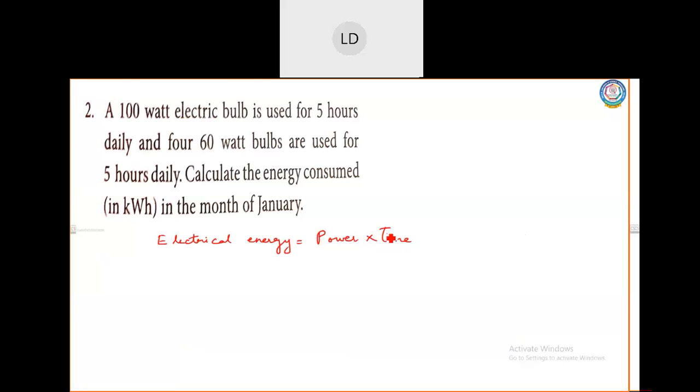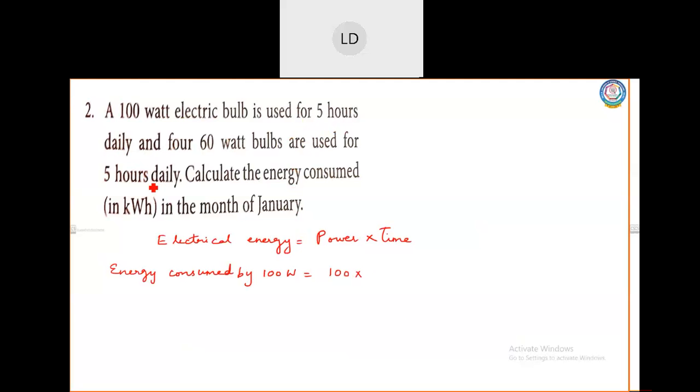So let us start with the electric bulb. What is the energy consumed by the 100-watt bulb? Again the formula is power into time. So the power of the electric bulb is 100 watt into the time. They said that it is used for the month of January and it is used for 5 hours daily.